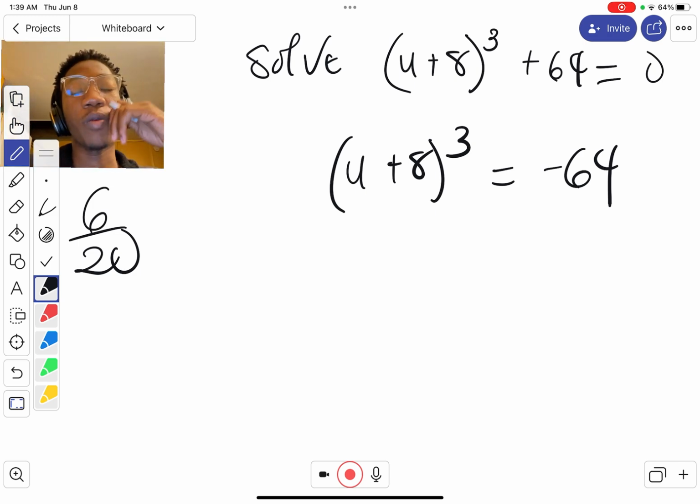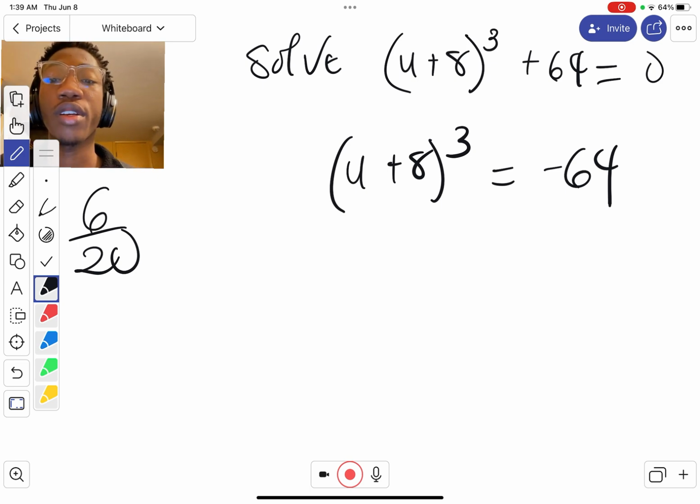We're going to cancel the exponent 3, and to do that we do the same thing as we did previously. We take the root with index 3, and the index and the exponent cancel out, leaving u + 8. We do the same thing on the other side too, in order to preserve the balance of the equation.